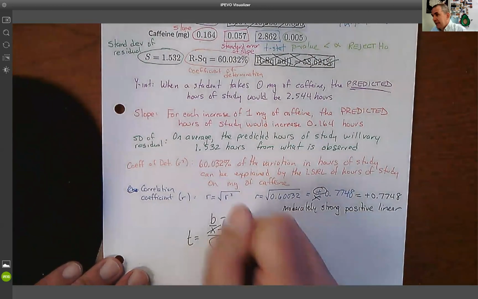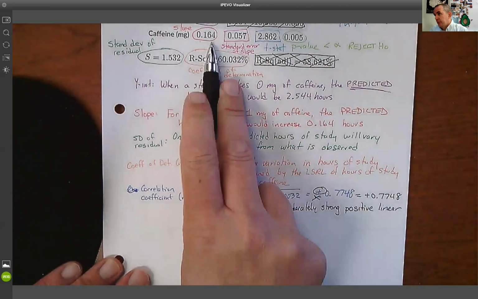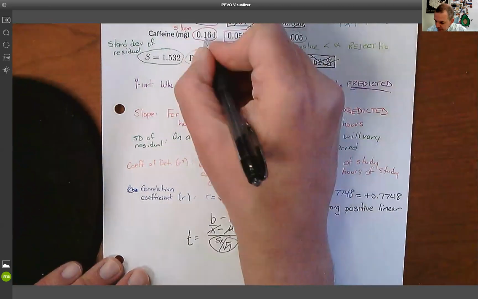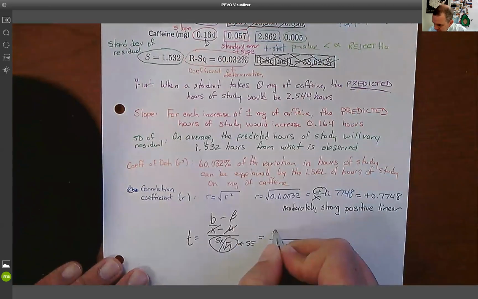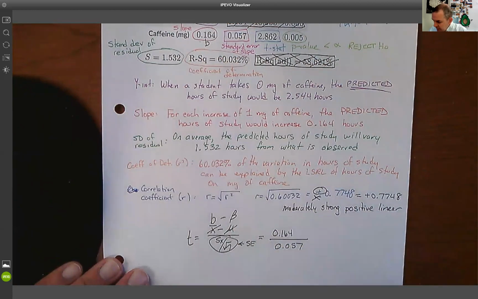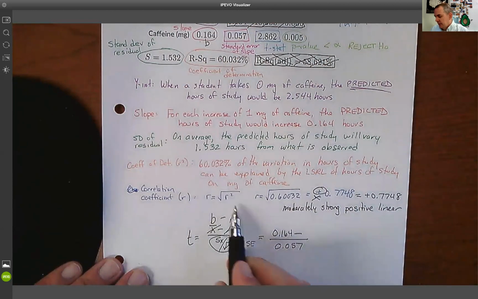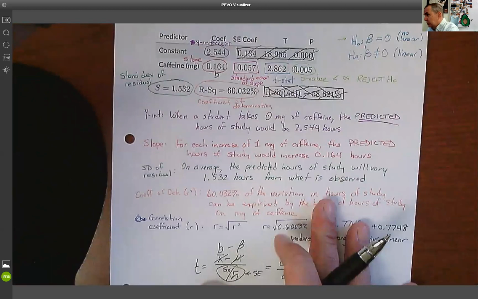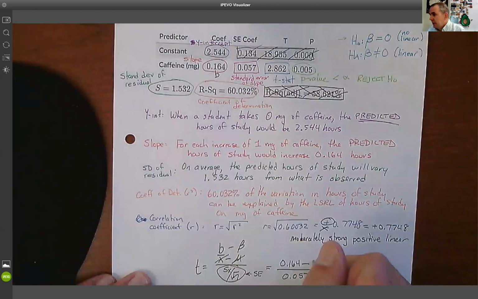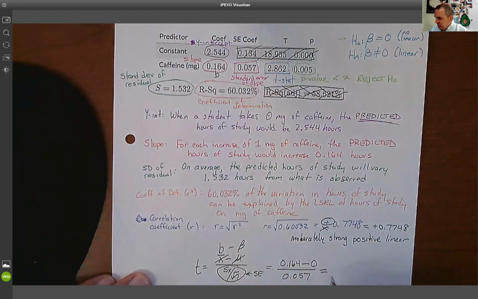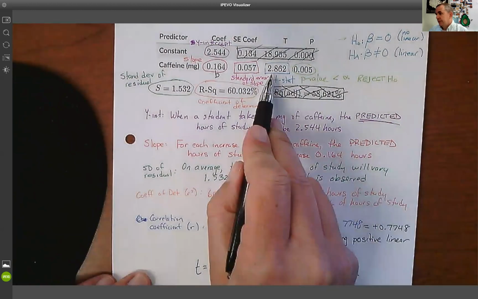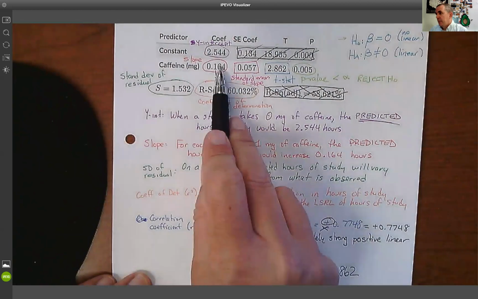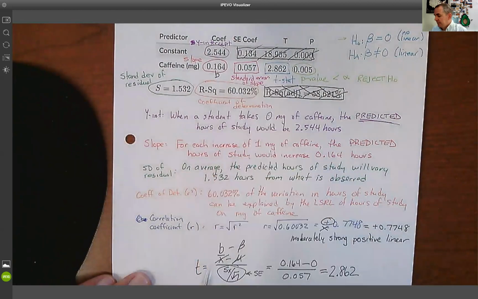So it's b minus beta. This is my slope b right here, 0.164 minus, well, the beta that I came up with up top was that the beta was 0. And if I put that into my calculator, 0.164 minus 0 divided by 0.057, I'm going to get 2.862. So this number divided by that number gives you that number.